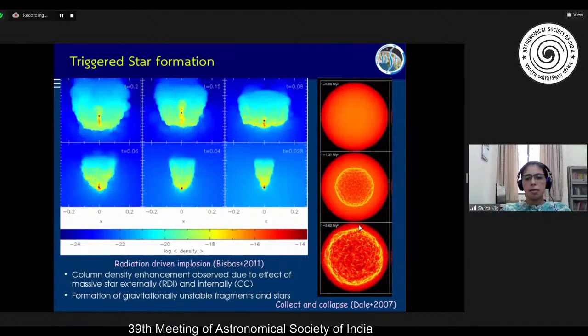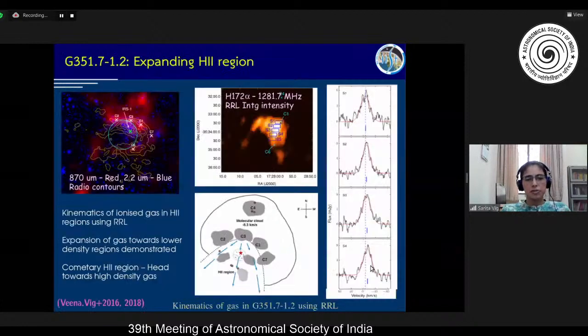And this is the example of collect and collapse, where this is a molecular cloud, and at the center you have a massive star which gives off winds and ionizes the surrounding region, which in turn can lead to the formation of gravitationally unstable fragments towards the rim, leading to the formation of stars.